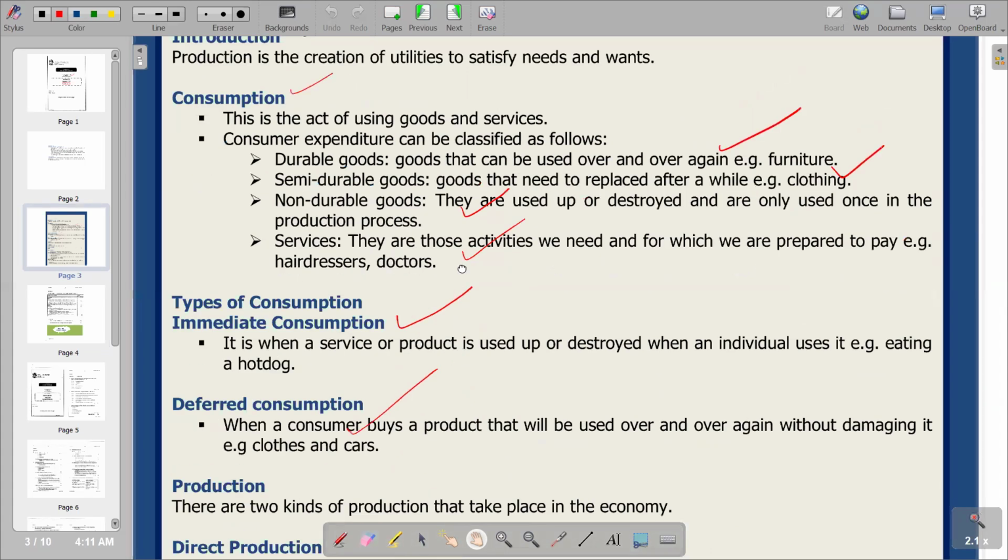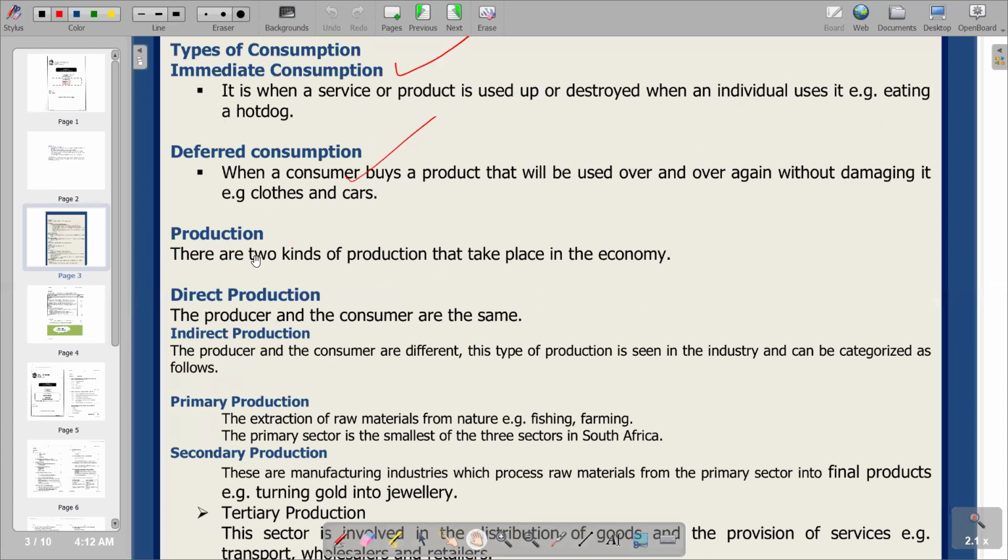So information that we have on production: there are two kinds of production that take place in the economy. You'll see that we can subdivide production into direct production and indirect production. Direct production is when someone produces things they need using their own efforts.